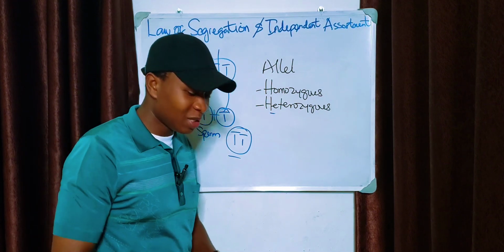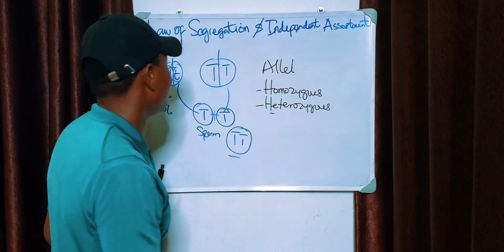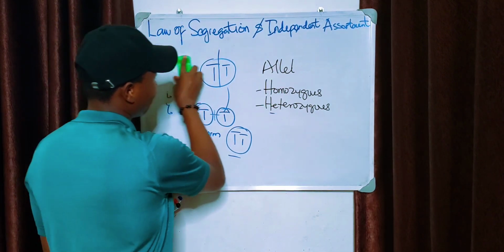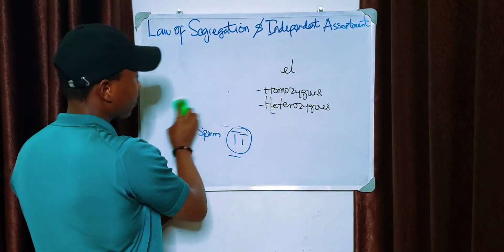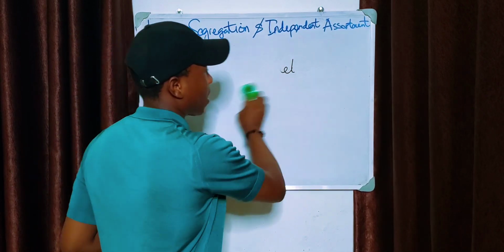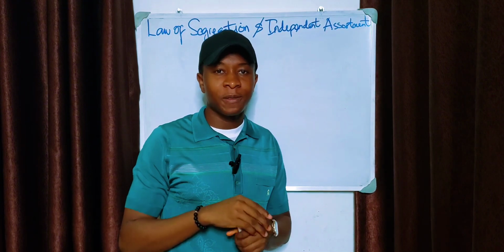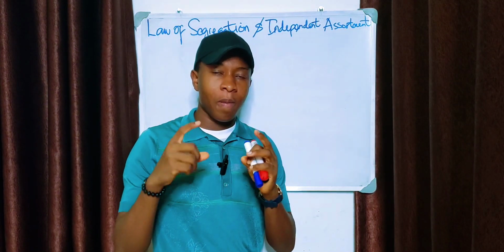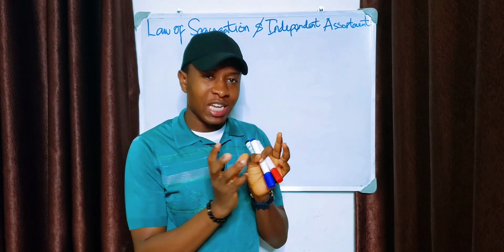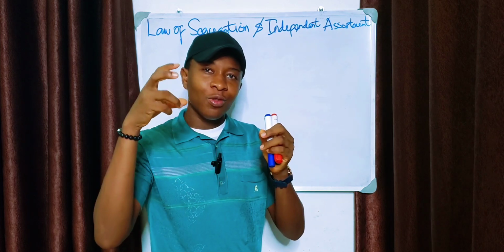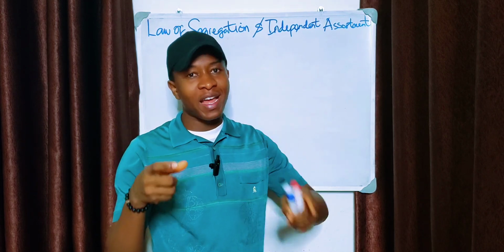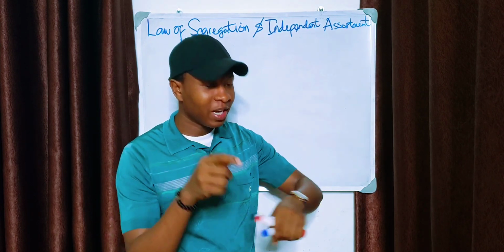Now let's move into independent assortment, the law of independent assortment. The law of independent assortment just states that each characteristic behaves on its own. No characteristic is influenced by another characteristic. And I'll give you an example.